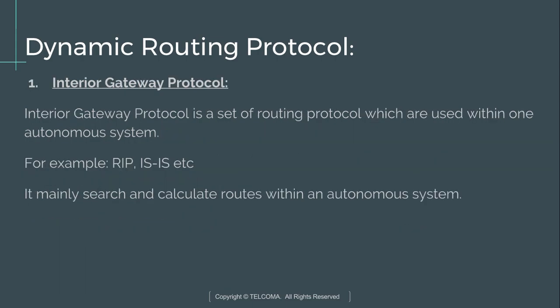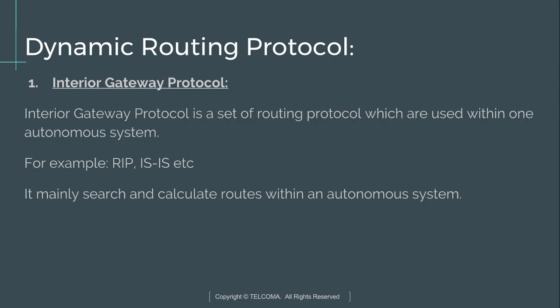Now we will discuss interior gateway protocol. The interior gateway protocol, IGP, is a set of routing protocols which are used within one autonomous system. For example, RIP, routing information protocol, and ISIS, intermediate system to intermediate system, are two protocols used as IGP, within an autonomous system.